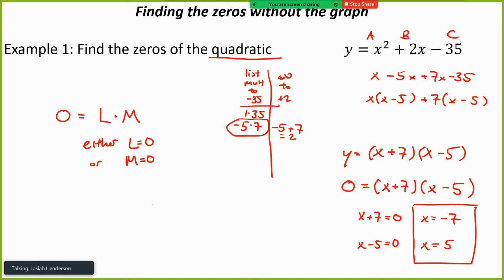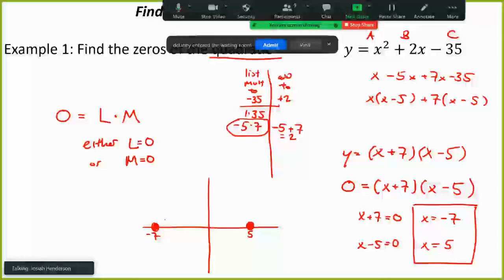So at x is negative 7, if we were to graph this, there's one of the zeros, and then x is positive 5, like right here. We don't know too much else about this parabola yet, but we know that's where it's crossing over.